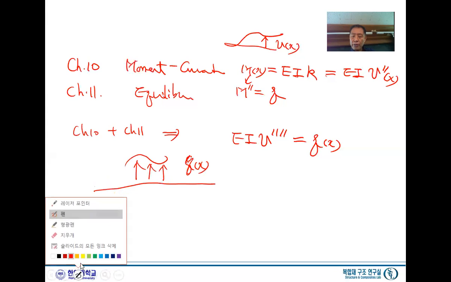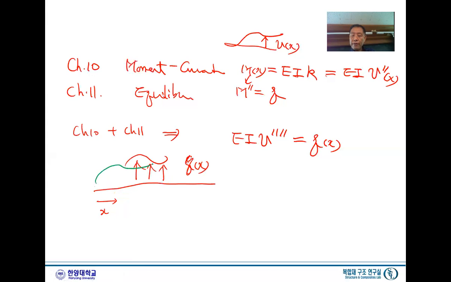This will be a function of x. So given Q(x), the output will be v as a function of x.